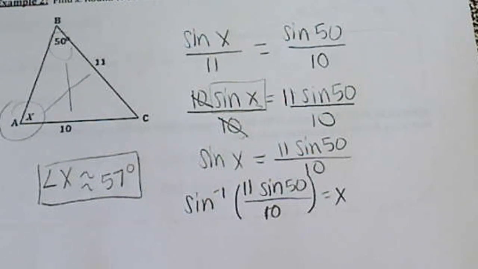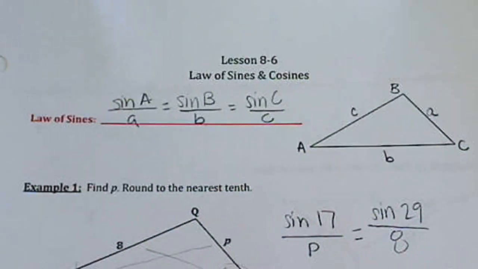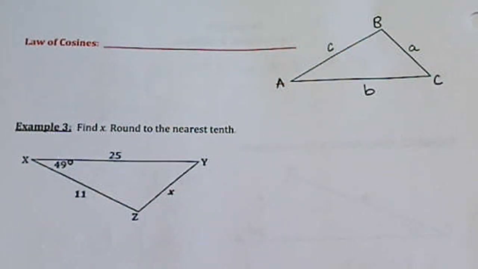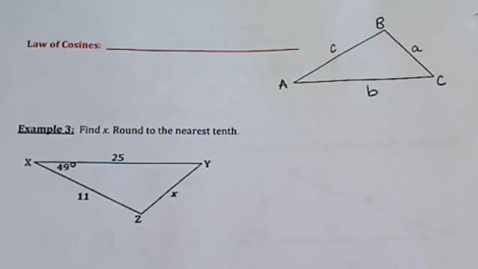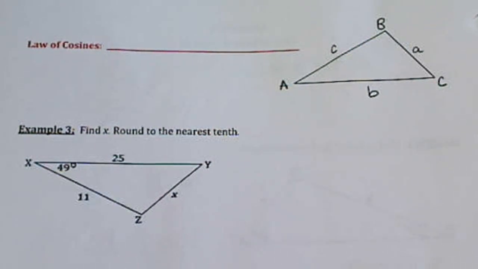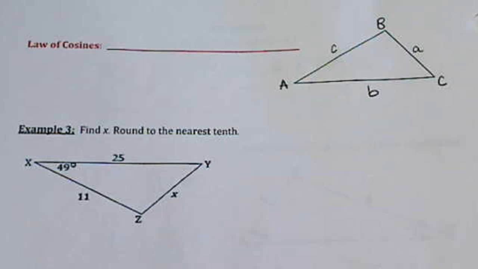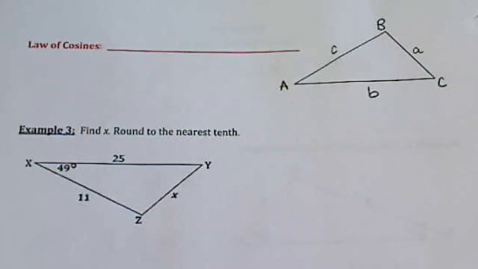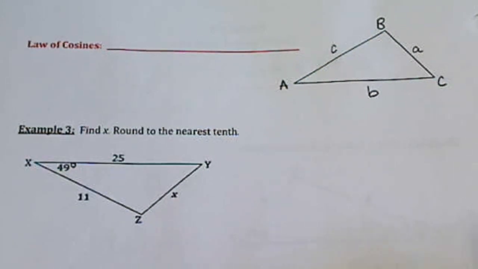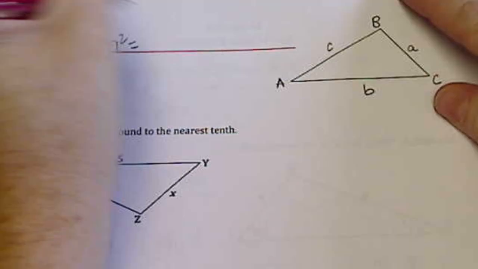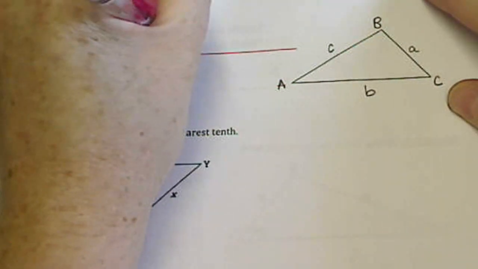Okay, let's talk about the law of cosines. The law of cosines is for when you have no angle measures, or only one angle measure. You can't use trigonometry, you can't use anything else, and you can't use law of sines because you don't have two angles. So the law of cosines says a squared equals b squared plus c squared.